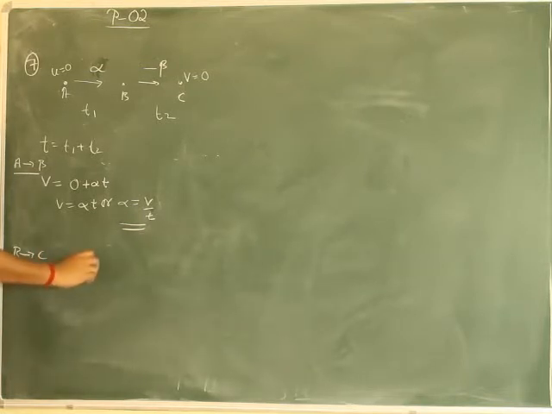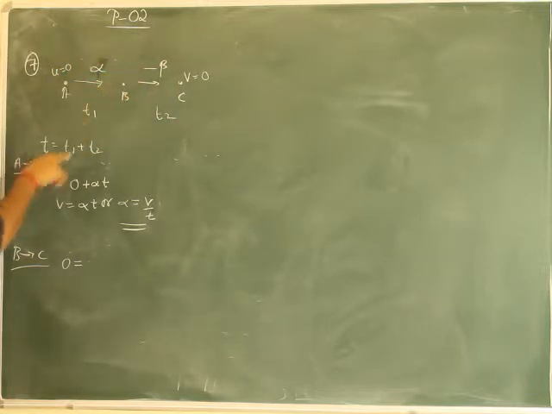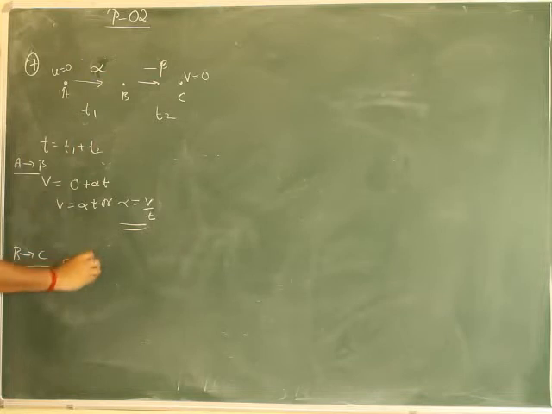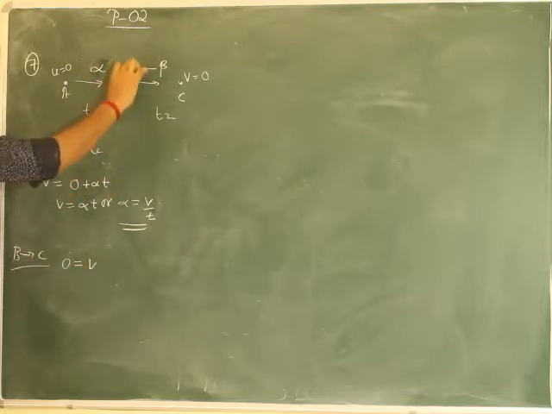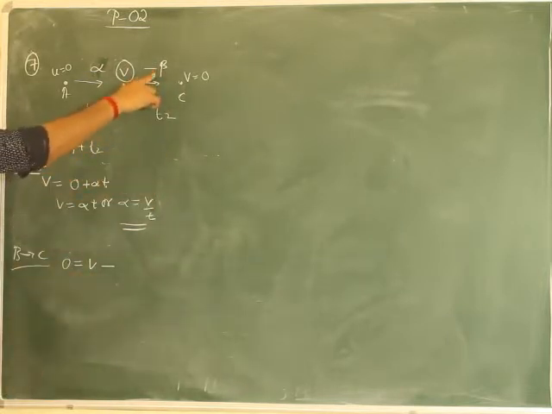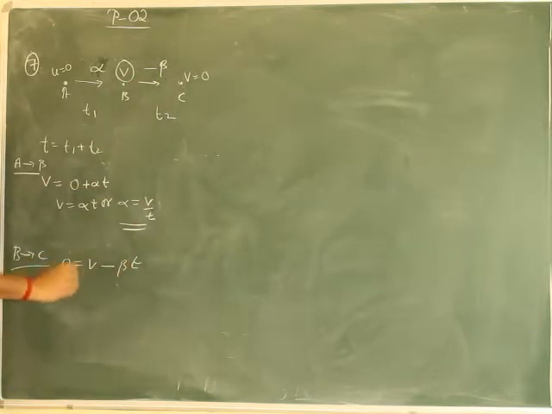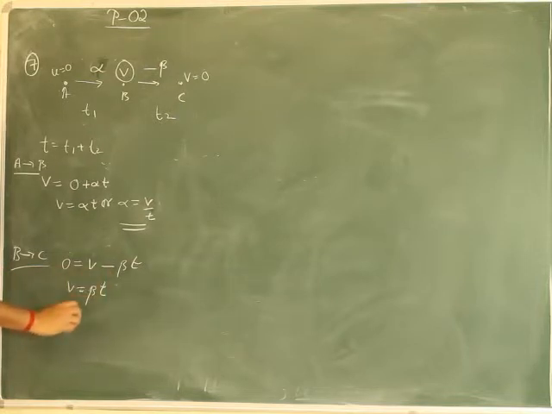For B to C, the body already has velocity v when it reaches here, so the initial velocity becomes v. The acceleration is minus beta, so v plus minus beta t equals 0. So v is equal to beta t, and beta is equal to v by t.